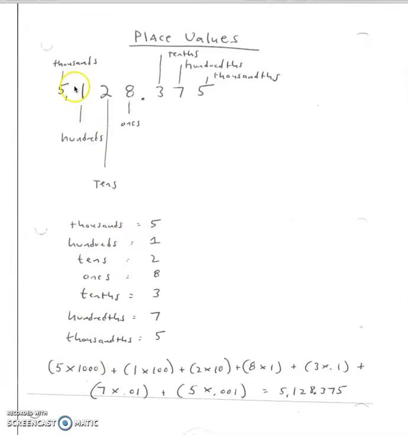So we take 5 times 1,000 because it's in the thousands, then add 1 times 100 because it's in the hundreds, 2 times 10 because the 2 is in the tens column, 8 times 1, and then we add 3 times 0.1, which represents tenths, 7 times 0.01, which represents hundredths, and then 5 multiplied by 0.001, which represents the thousandths.